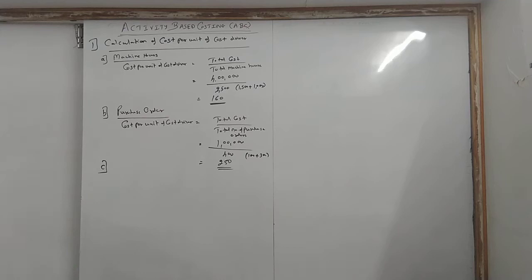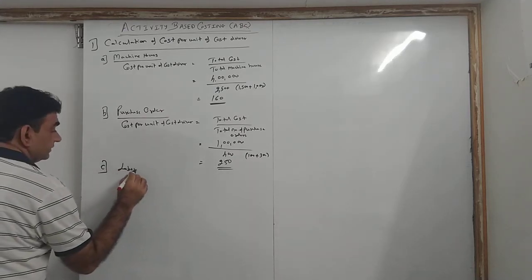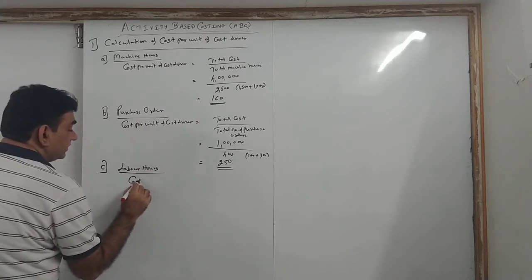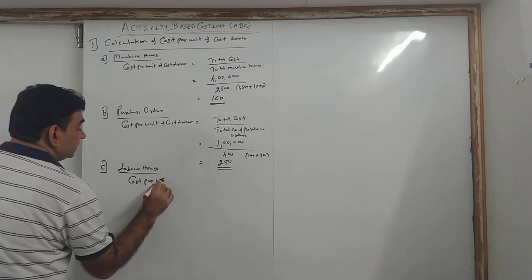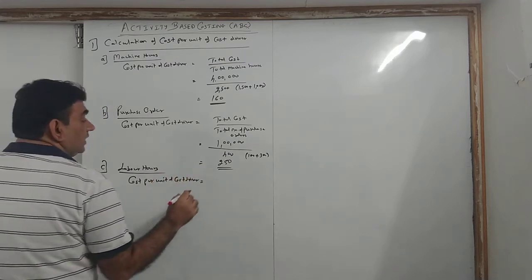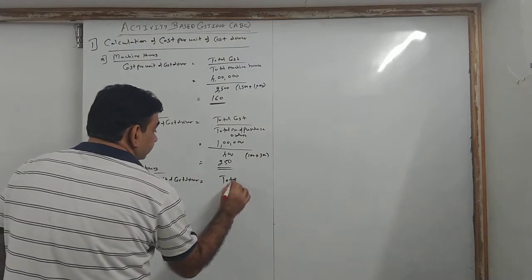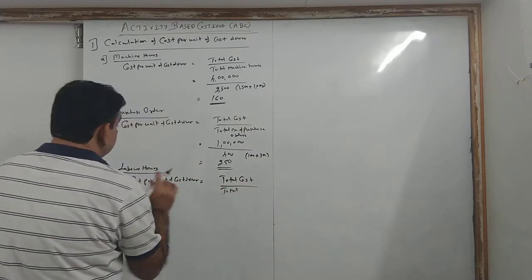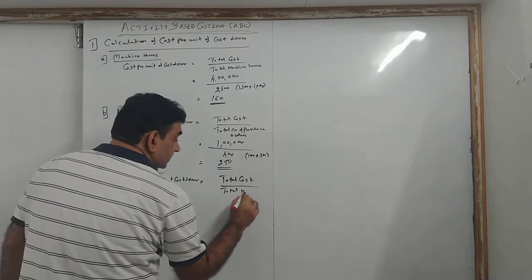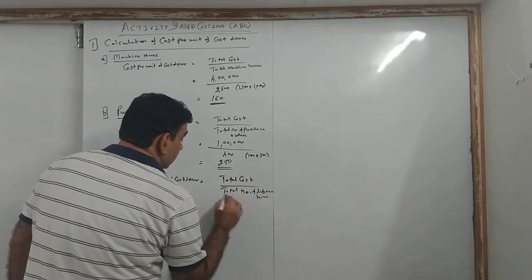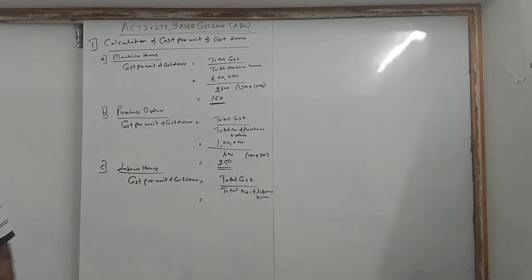Next, C. What is the C? Labor hours. Same thing. Cost per unit of cost driver is equal to total cost upon total labor hours. What is my total cost?